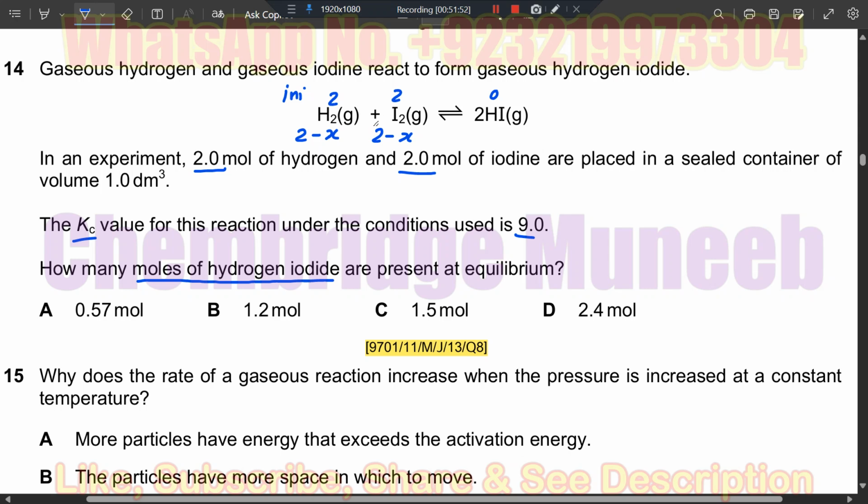Both have decreased by x amount, and the amount of the HI produced should be 2 times x, since 2 moles of HI are produced. So this is the amount of the product formed.